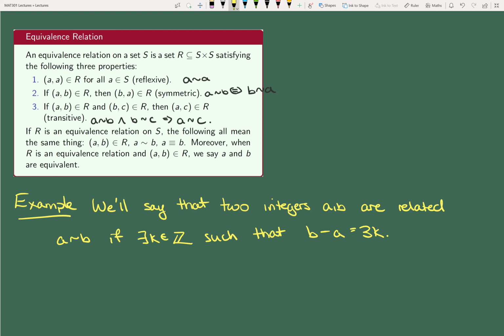So we're going to say A is related to B if their difference is equal to 3 times a number. All right, so show that this is an equivalence relation.